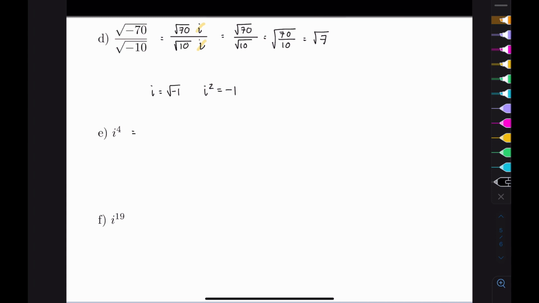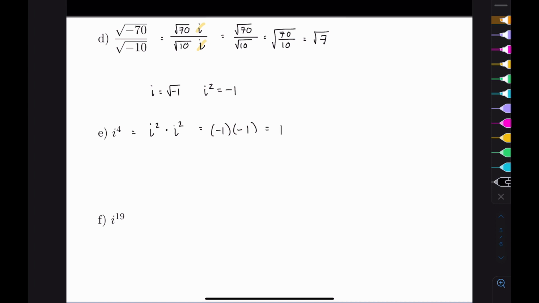Thankfully, when we have i to the fourth, we can break that down as i squared times i squared, because we add these powers together. And i squared is -1, so this is -1 times -1. i to the fourth simplifies down to +1.